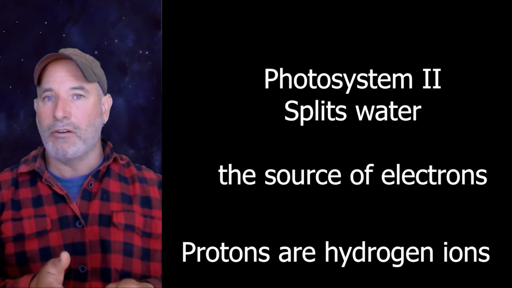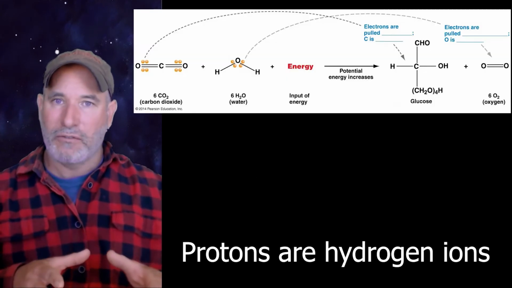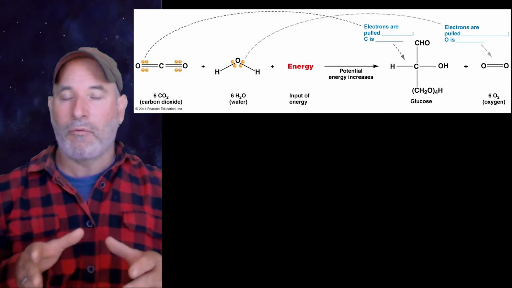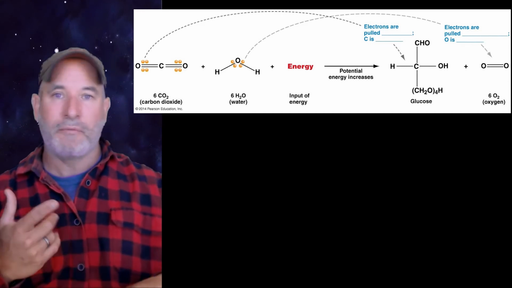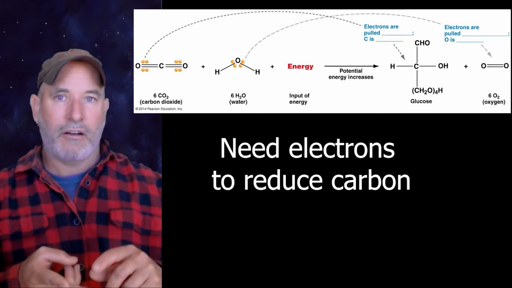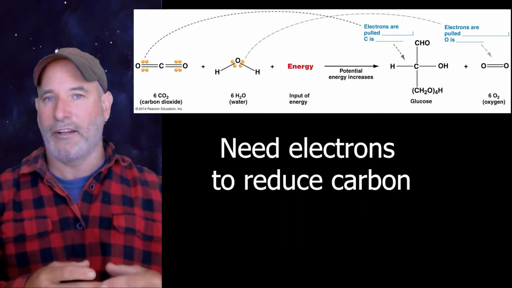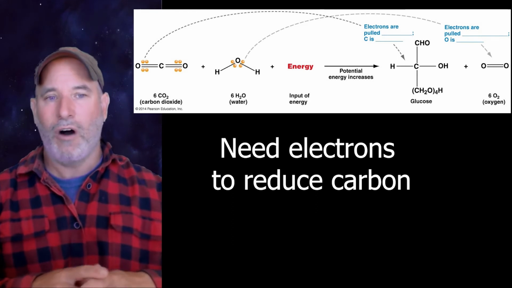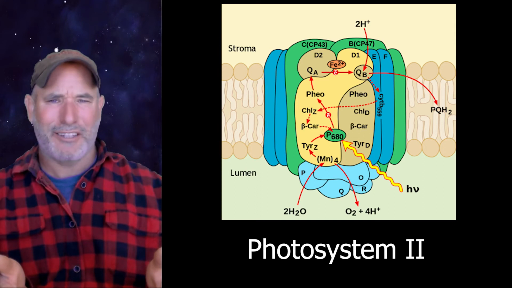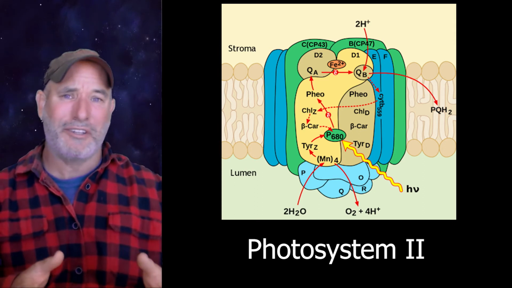Because we need those. In the overall reaction of photosynthesis, we're going to take carbon dioxide and reduce it into organic forms, which means we need electrons, which are coming from the water. And to make organic carbon, it has to be attached to at least one hydrogen, and hydrogen is also coming from water. Now, when you pull an electron away from oxygen, it has almost no potential energy, right?